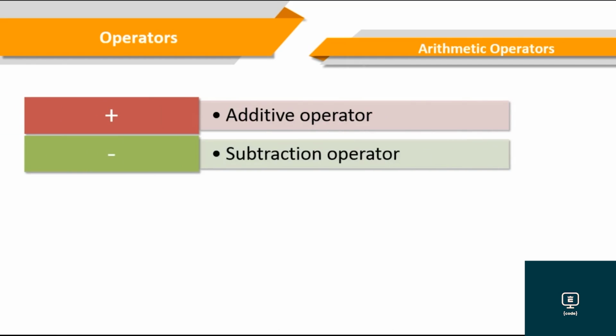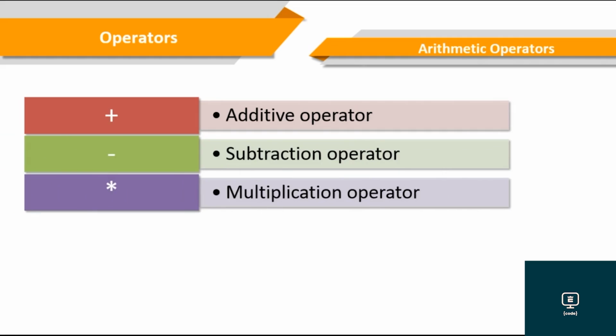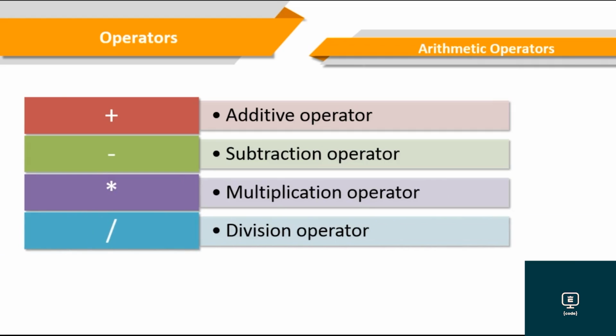Minus is a subtraction operator. It subtracts the right operand from the left. Asterisk is a multiplication operator. It multiplies two operands. / is a division operator. It divides the left operand by the right one. The type of division result is float by default.